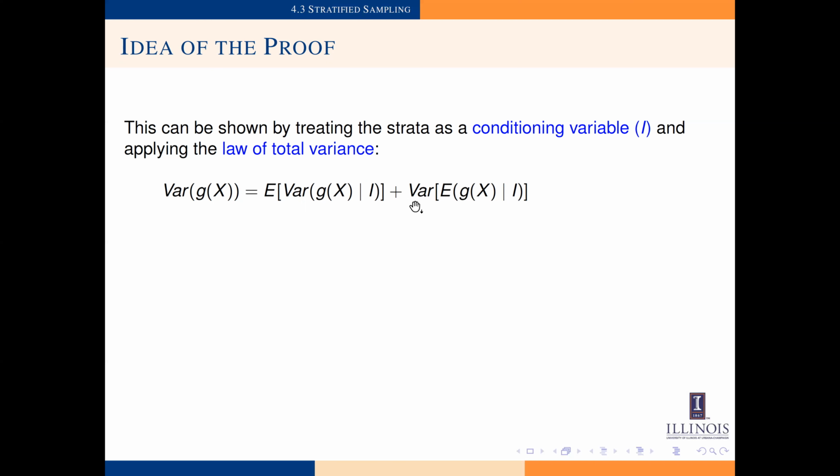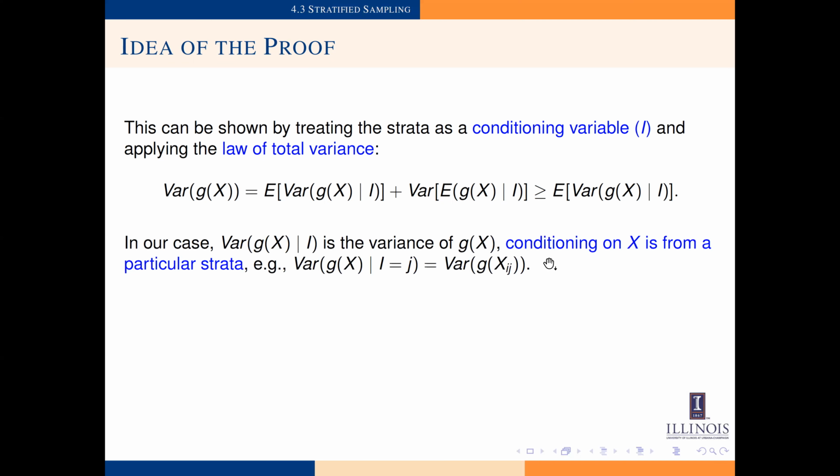Now, the second term here, the variance of E[g(X) | I], is some kind of variance, so it has to be non-negative. Thus, we know that this thing is greater than or equal to the expectation of the variance of g(X) conditioning on I. So in our case, what exactly is the variance of g(X) conditioning on I?